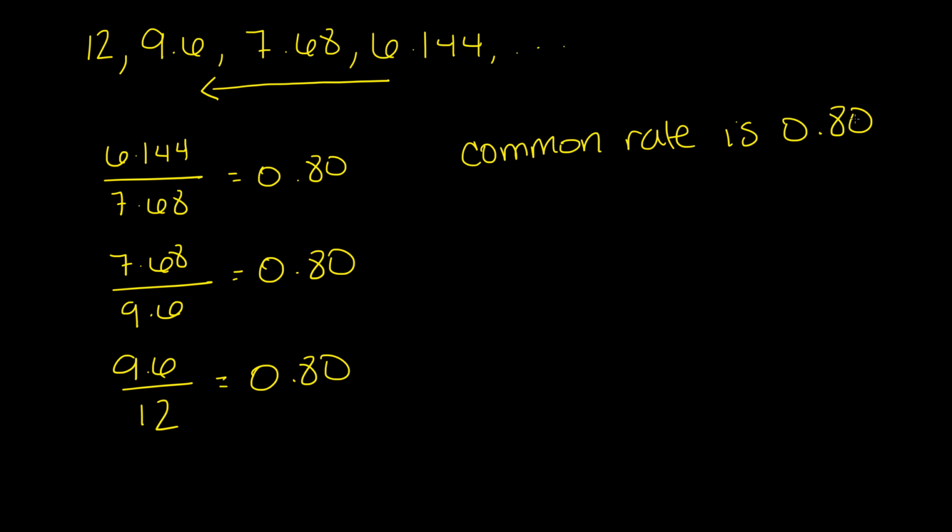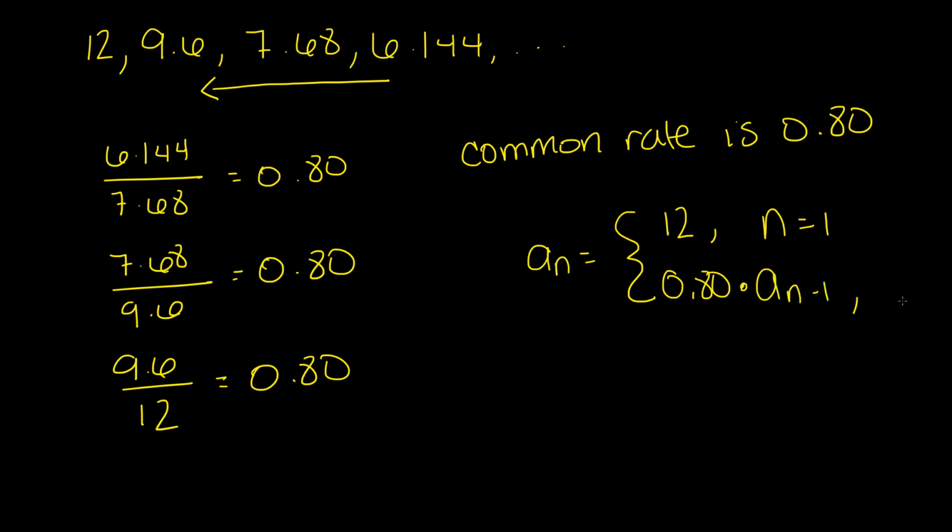The way I would write this definition is a sub n is equal to, my leading term here is 12, for n equal to 1, because this is my first term value. Then I take my common ratio, 0.80, and multiply it by a sub n minus 1, for n greater than 1.